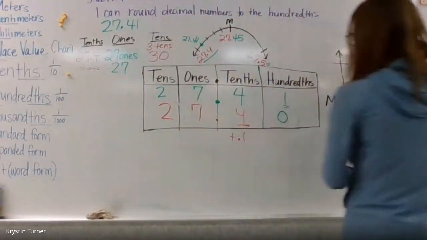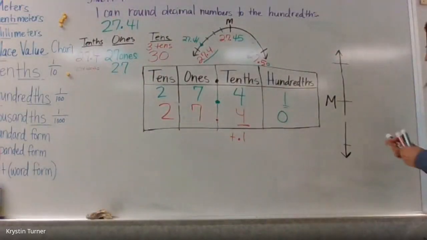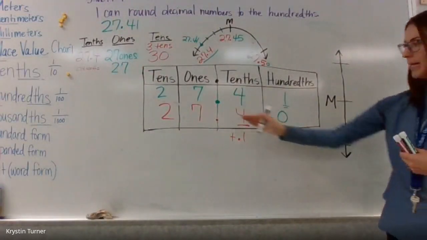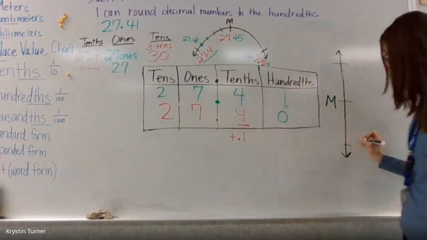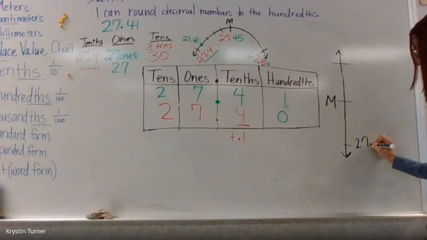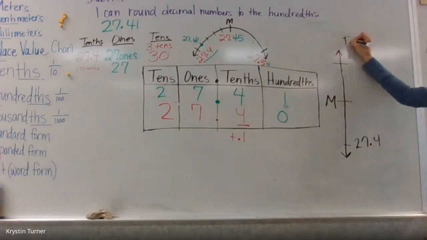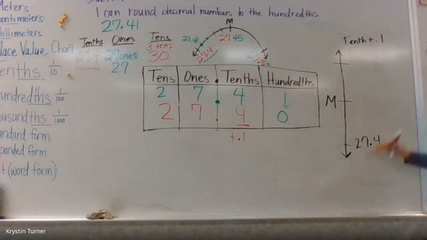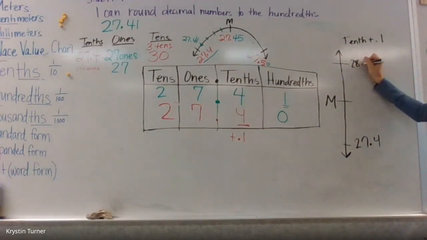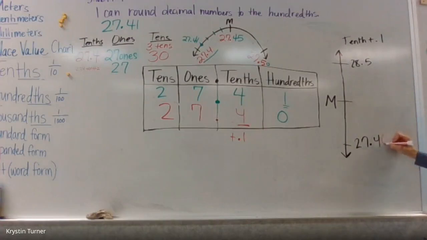So over here on our vertical number line, our baseline would be 27 and 4/10. Add 1/10 because we're rounding to the tenths, so that would be 27 and 5/10. I don't know what's in the midpoint of that, so I'm going to imagine this in hundredths.